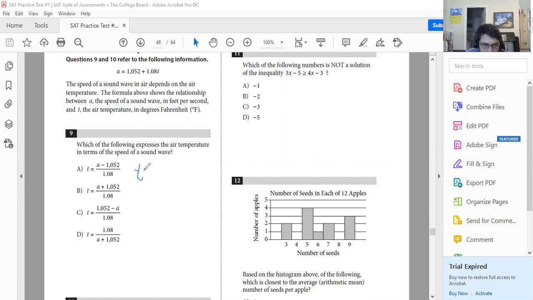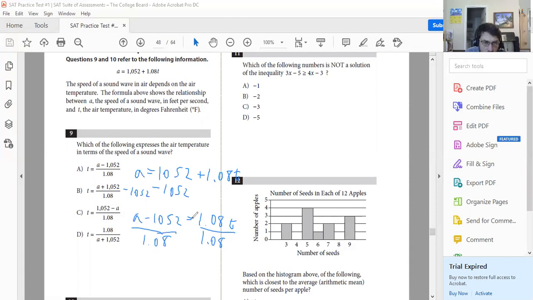So we're solving for T. Let's go back to our original equation. A is 1052 plus 1.08 T. Subtract 1052. You have A minus 1052 equals 1.08 T. Divide by 1.08. And A minus 1052 over 1.08 will be our answer.